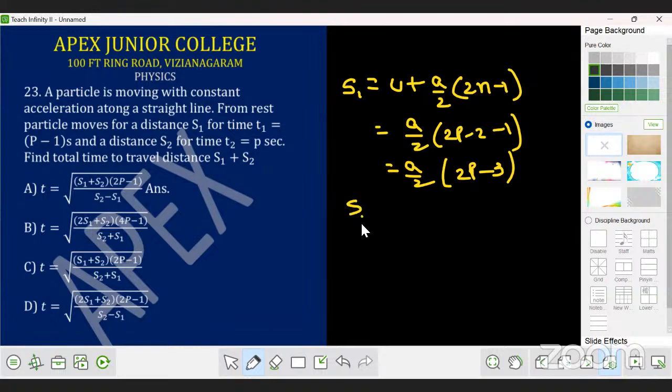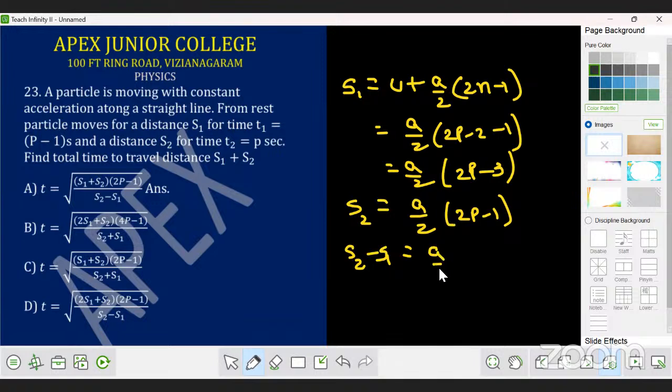And what about S2 here? Only in p seconds, na? A by 2 into 2p minus 1. By solving these two, you can take S2 minus S1 to calculate a only. What is S2 minus S1?